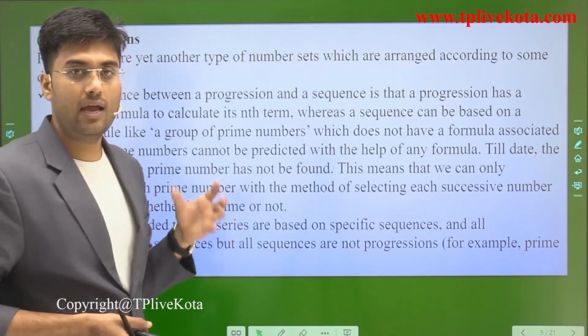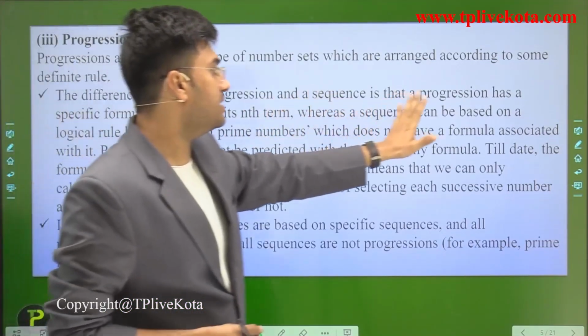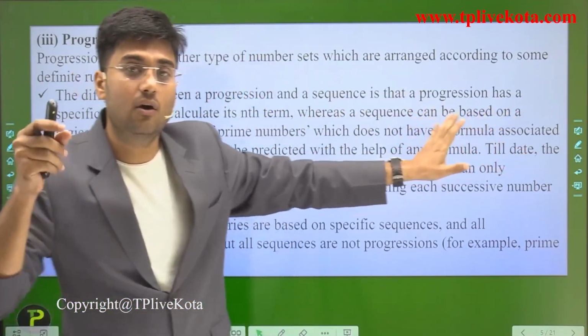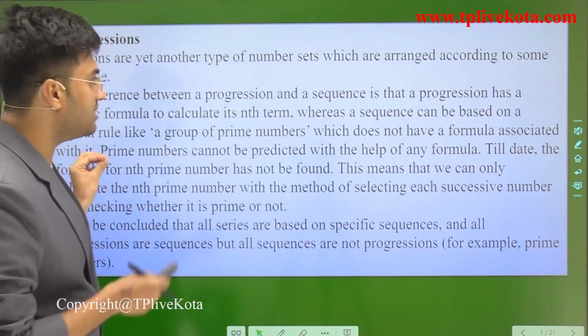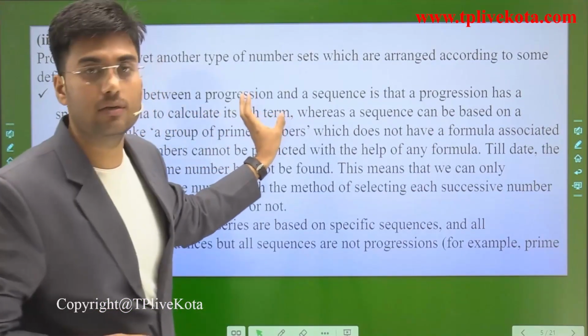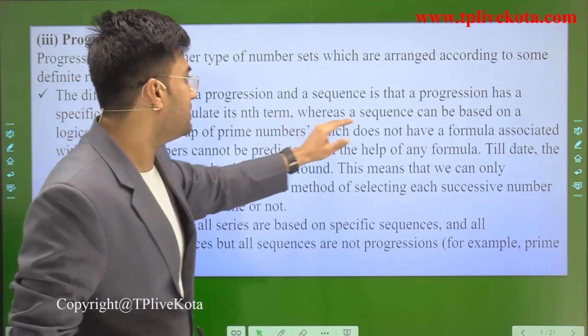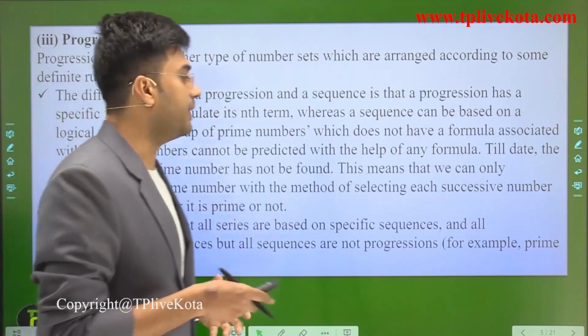The difference is that a progression has only a mathematical rule, that is, a specific formula to calculate its nth term, whereas a sequence can be based on a logical rule like a group of prime numbers.